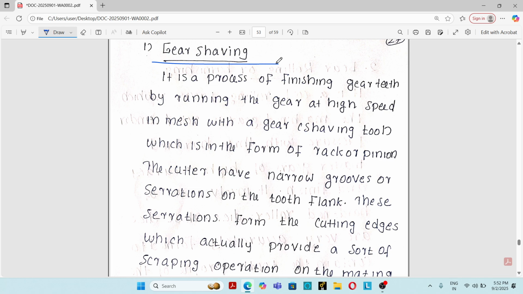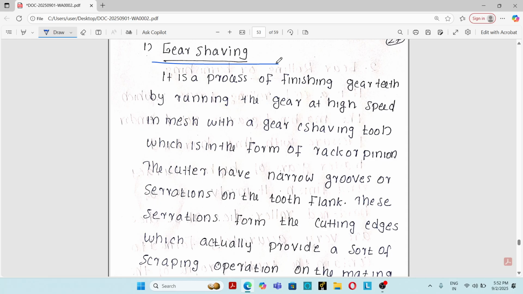Basically, the gear meshes with another hardened gear, the shaving tool, and both of them are rotating. The shaving tool may be a rack or a pinion cutter.